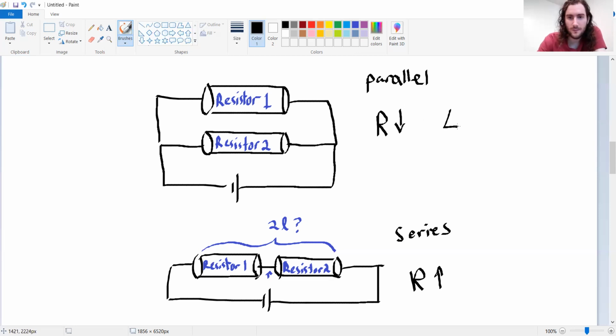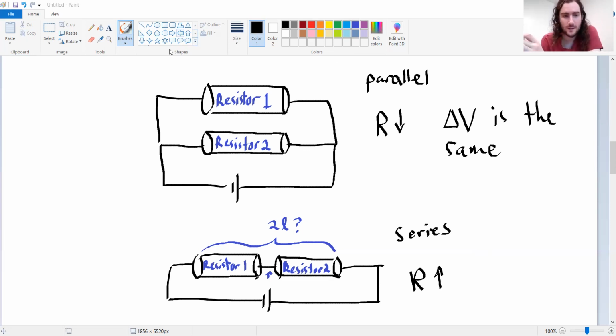So delta V is the same. How about for series? What's going to be the same when we have these two connected in series? Certainly, it's not going to be the voltage, right? It was not voltage for capacitors. The charge, all the same.